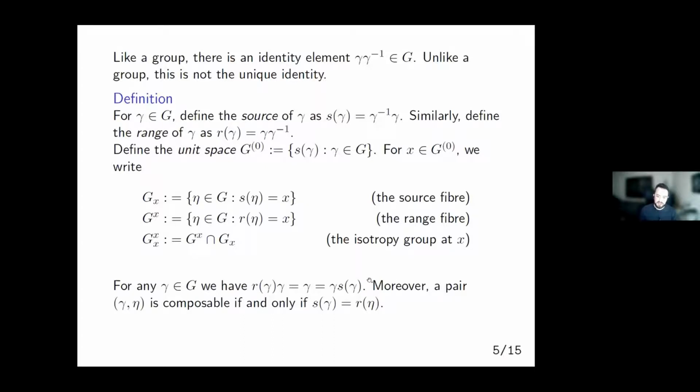And another kind of suggestive reason for why we call these the source and range of elements is you can show that a pair of elements in the groupoid is composable if and only if the source of one is the range of the other. So much in the same way you would have maps between different sets or arrows between different objects in a graph or in a category, you can only compose these arrows if where one ends, the other one begins, because otherwise they're disconnected and you can't get from one to the other.